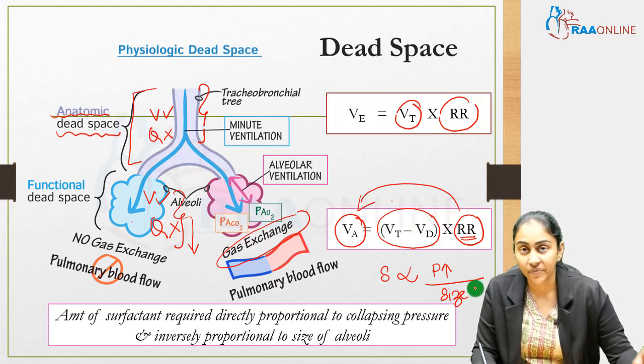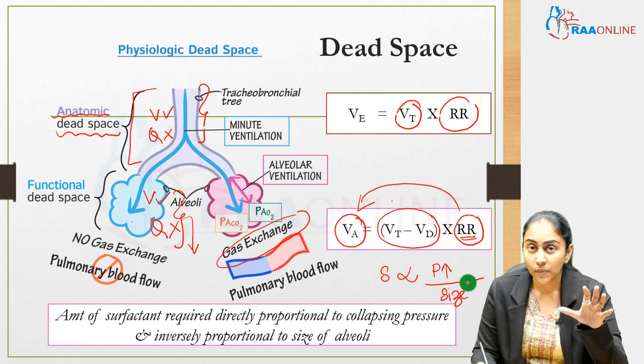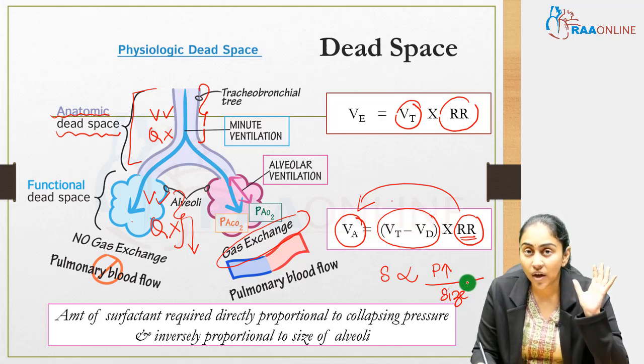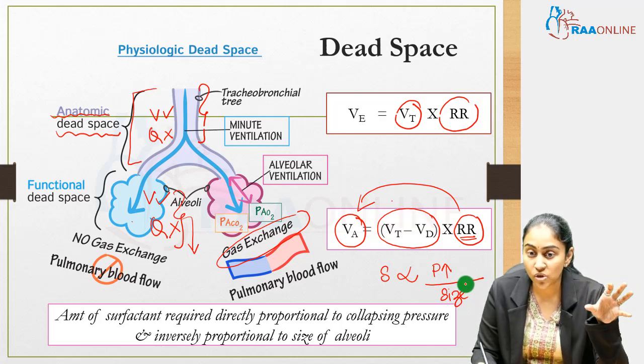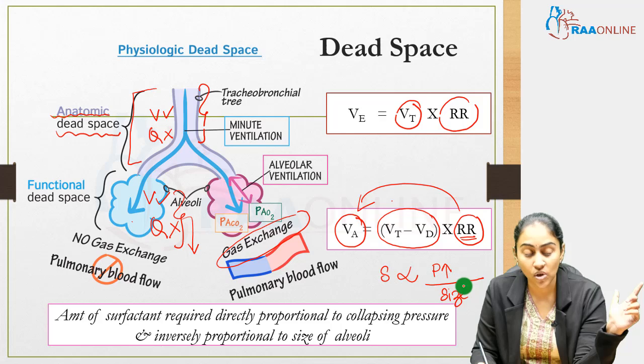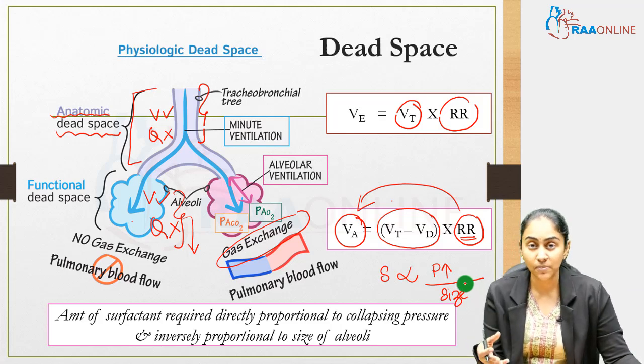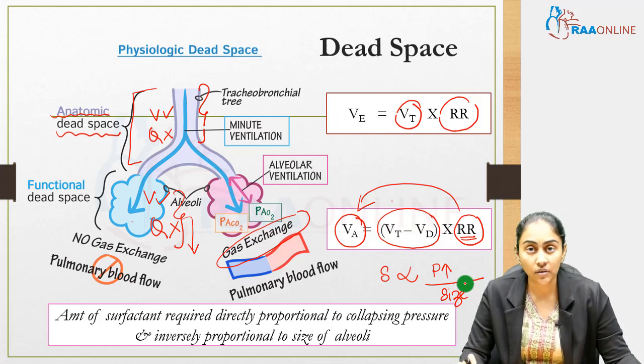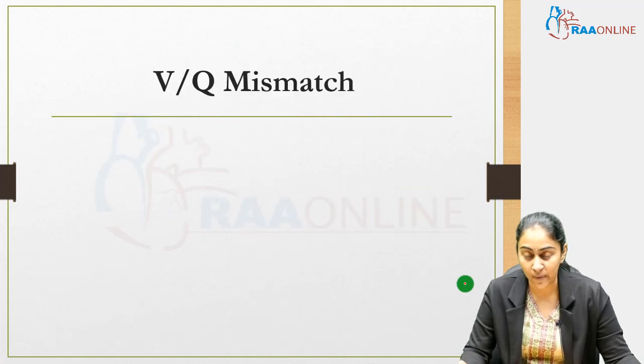That means larger alveoli, because they are going to be open easily, will require lower surfactant and their collapsing pressures will also be lower, whereas smaller alveoli, very tiny, are easily collapsible. So they will require a larger amount of surfactant because the collapsing pressure will also be higher. This is another concept that is important to be kept in mind.